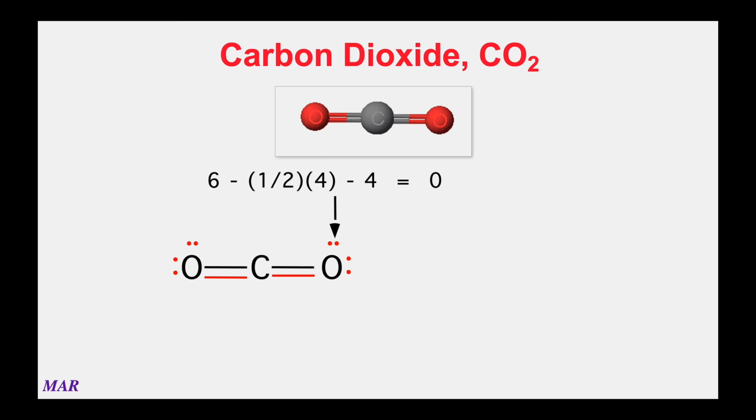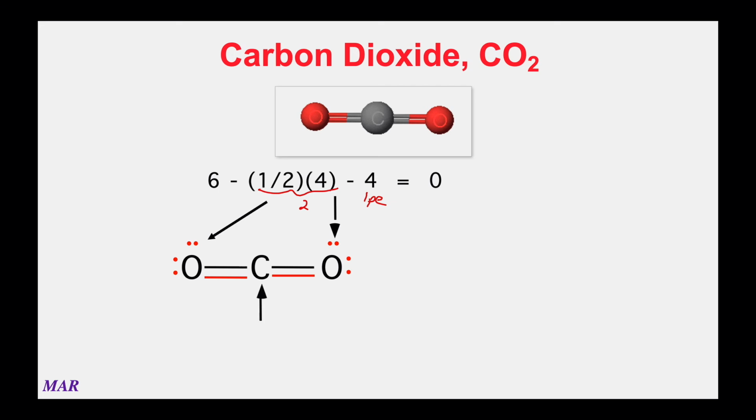Carbon dioxide, we drew the structure there earlier. Oxygen group number 6 minus 1/2 bonding electrons, 1/2 of 4, or this is just equal to 2 because there's 2 bonds, either way you want to do it. But the oxygen has 4 lone pair electrons, so the oxygen is going to be 0. And it's not only this oxygen, but it's actually the other oxygen too, because they're both in the same electronic environment, 2 bonds, 2 lone pairs.